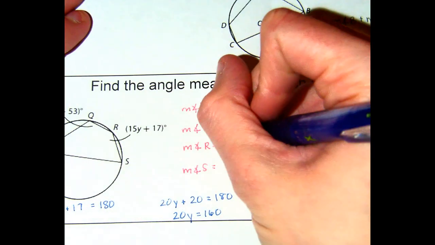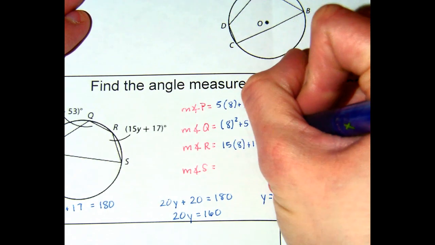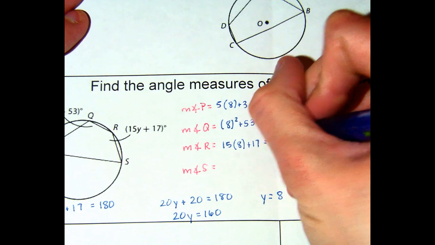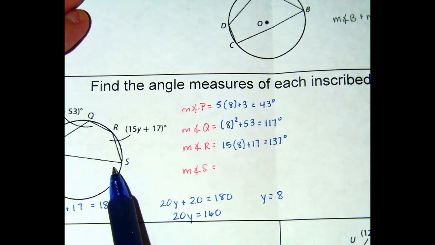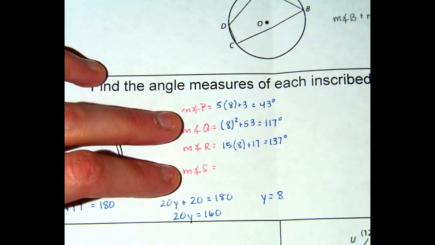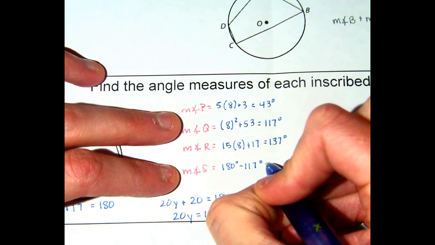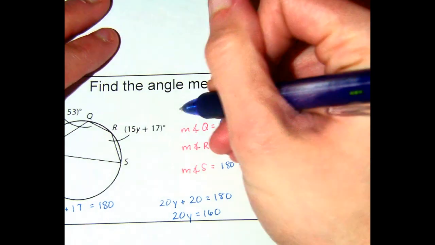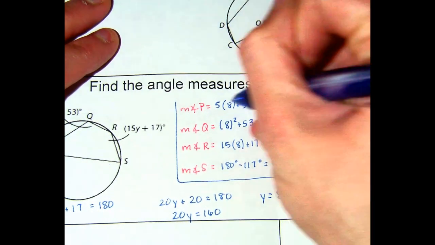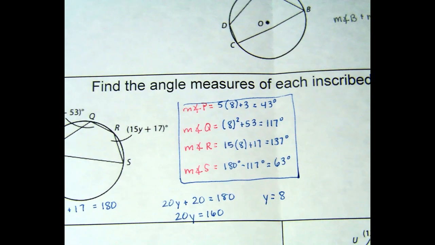R is 15 times 8 plus 17, which is 137. And I don't have anything to plug in for S. However, Q and S are supplementary. That means that 180 minus 117 is what S is. So S is equal to 63 degrees. Here were the four pieces that I was actually looking for. Make sure you pay attention today whether it asks you to find the measures or to find the variable. All of these we have to find the measure.